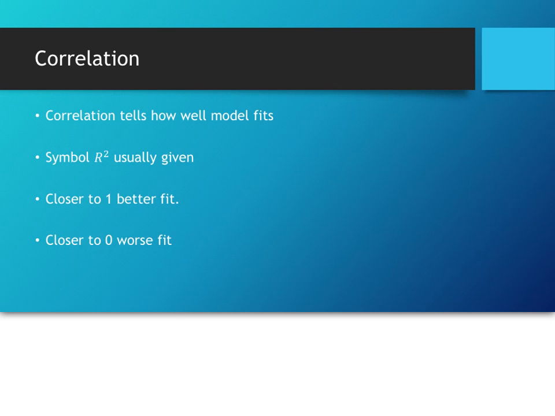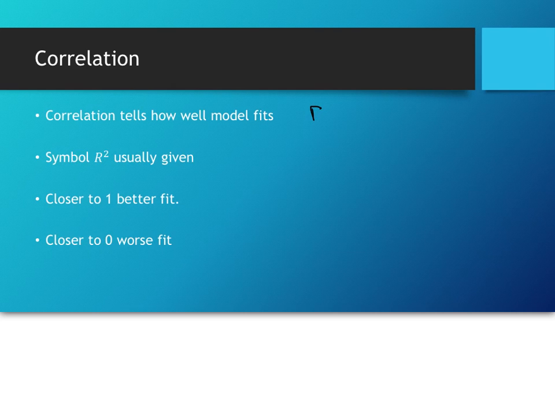This isn't actually a perfect explanation of what correlation is, but every single model that we get comes with either an r or an r squared. Typically, if it's a linear model, you get a lowercase r, called the Pearson correlation coefficient. All other models on your calculator give you this r squared, and it's telling you how well things fit.